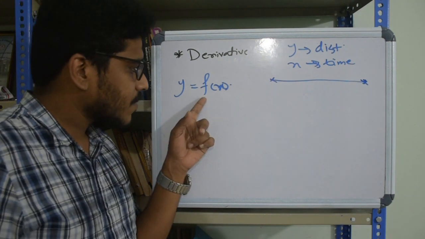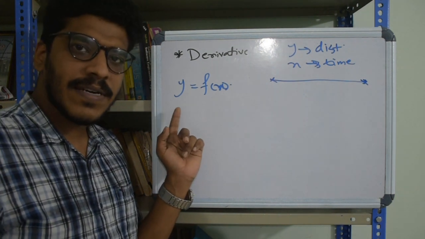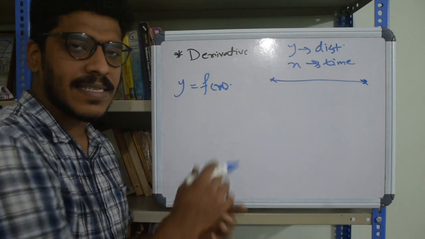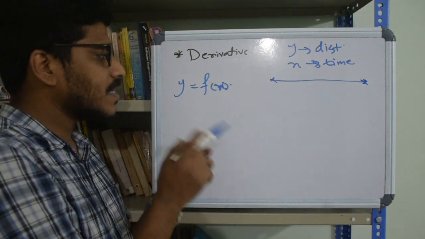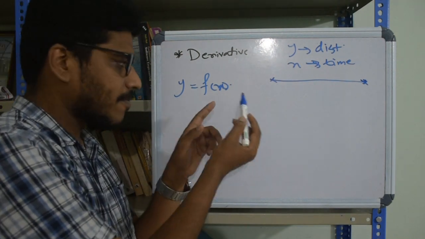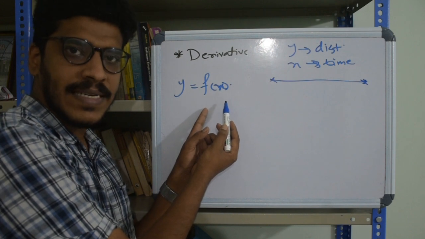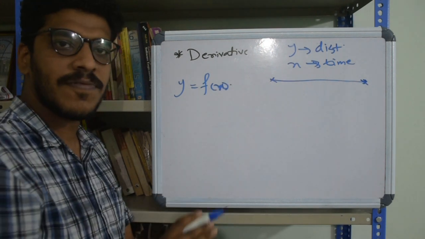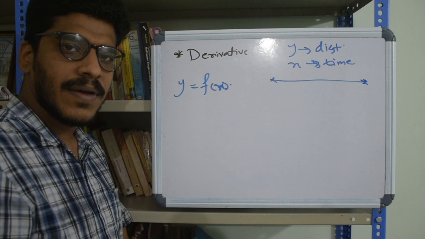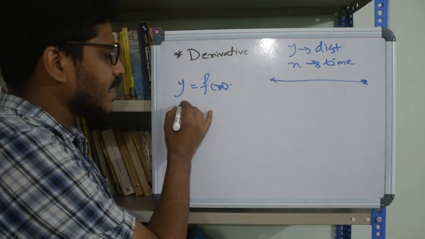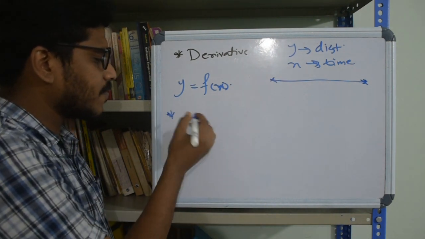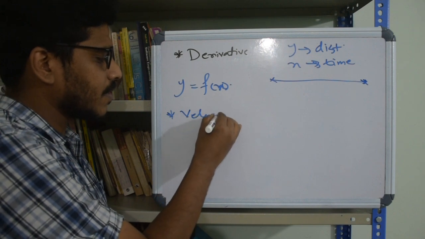Again, I repeat, this expression y equal to f of x, where y is the distance and x is the time, means the bus travels y or f of x units of distance in x units of time. Right. If it is the case, let's try to find the velocity of the bus.